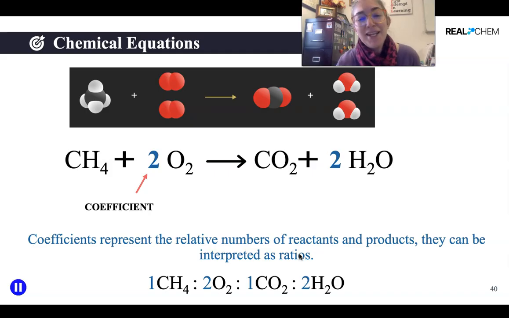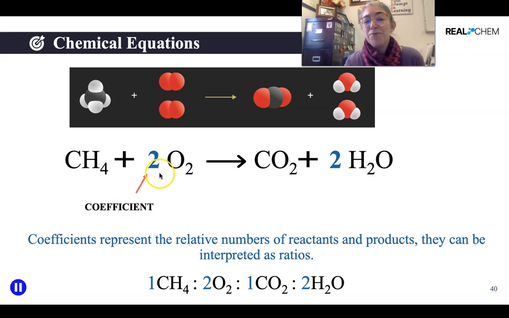When we are writing chemical reactions, it is important to write out the correct chemical formulas, but then we also need to make sure that the number of atoms on each side are balanced. That is where balancing equations occurs. With balancing equations, we are adding coefficients.